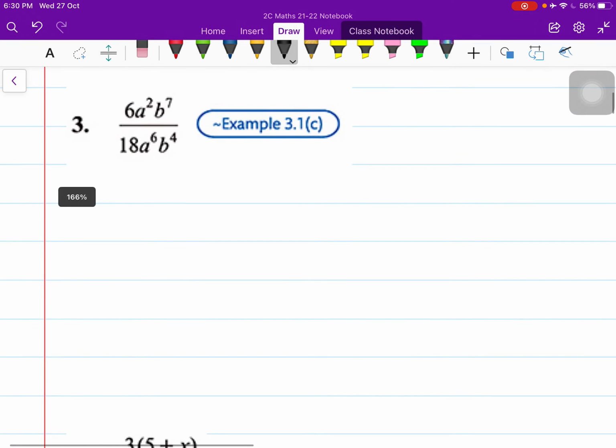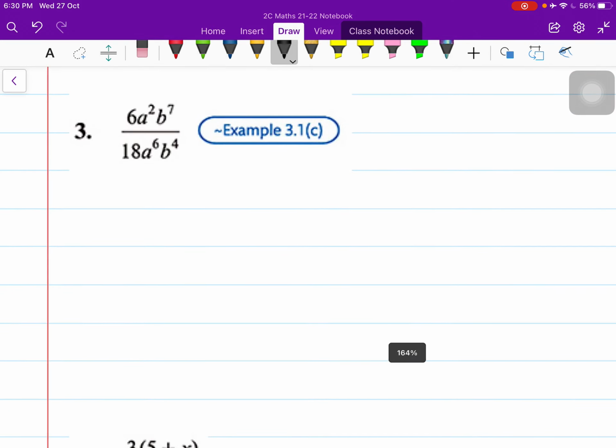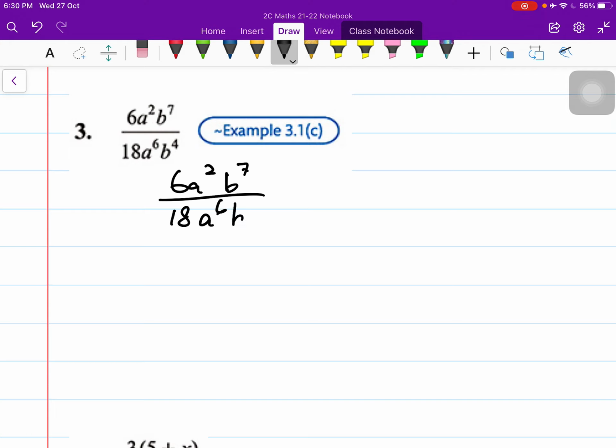So for question 3, so we have for number, so the technique is you can simplify it one by one. For number, we got 3. For a, at the top it is squared, at the bottom you see 6. So what does that mean? If you really write it out, a squared is equal to a times a.